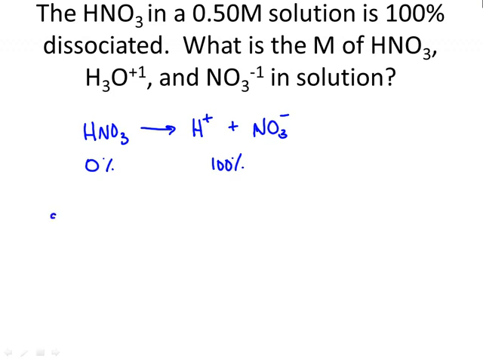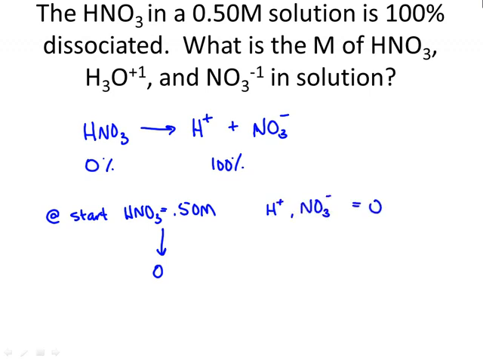So at the start, we know that HNO3 equaled 0.50 molar. But as soon as we put it into solution, what happened to that concentration? Well, it went to 0 molar. There's nothing left of the HNO3. On the other hand, at the beginning, the concentration of H+ and the concentration of nitrate had to have been 0 because we hadn't done anything yet.